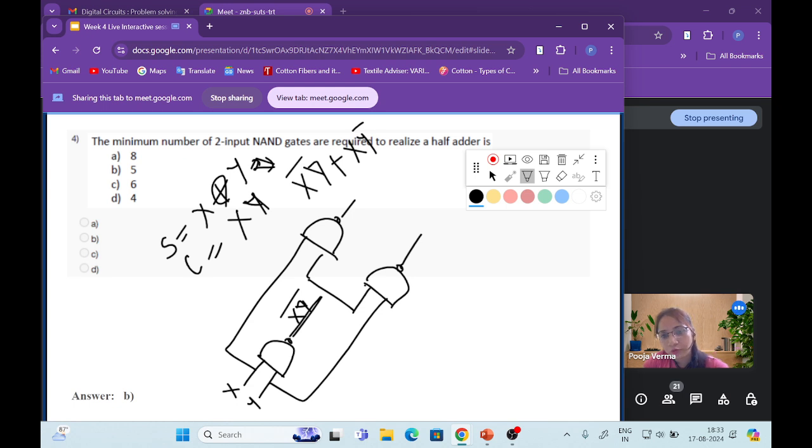Okay, so what will we get here? X into x y bar, and similarly here, y into x y dash, all dashed.